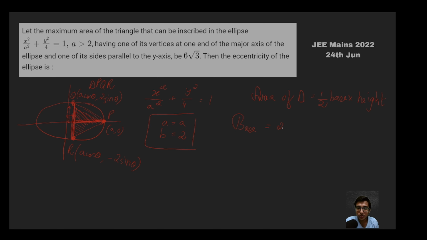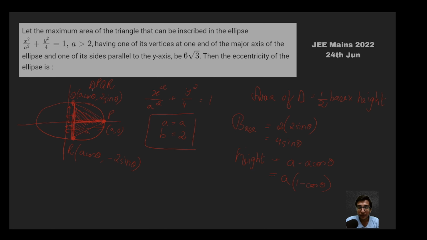That means our base is twice of 2 sin theta, which makes it 4 sin theta, and our height would become a minus a cos theta, since we know that this distance is a and this distance is a cos theta. That means our height of the triangle would become a minus a cos theta, which can be written as a(1 minus cos theta).